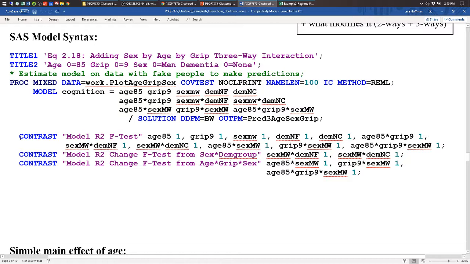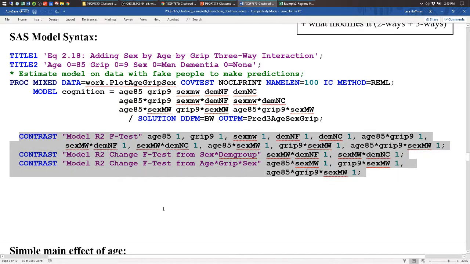I have 3 different multivariate Wald tests here that I'm asking for based on this model. First one is the overall model R squared. This is the one that Stata gives you by default. I'm adding this here for completeness, in which I am listing every single effect in the model and giving you 1 for the coefficient after it. That's because all of these variables are being treated as continuous.